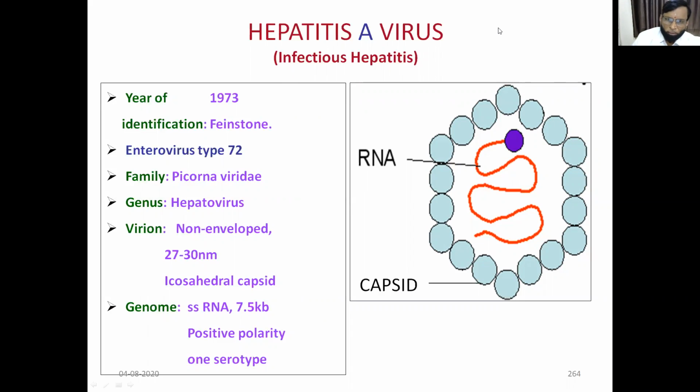Is there any doubt or question from these DNA viruses?